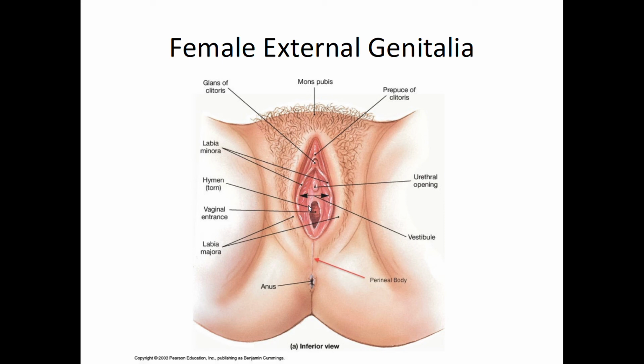Now, the hymen is never a complete covering, and this can become torn through a lot of ways, obviously most famously through sexual intercourse, but a lot of people have the hymen torn before that point. So this is the external genitalia here, and then down here we have the perineum and the anus.